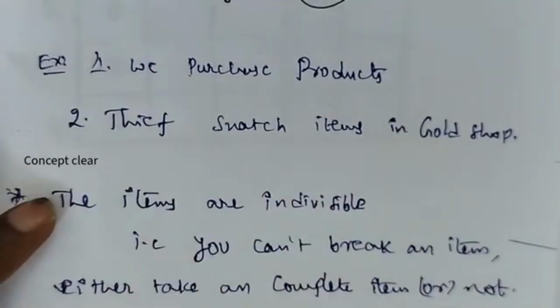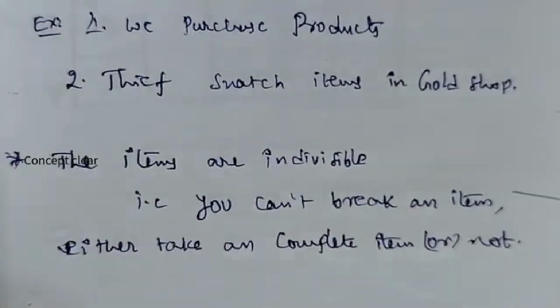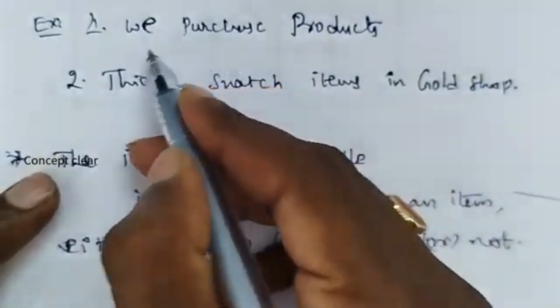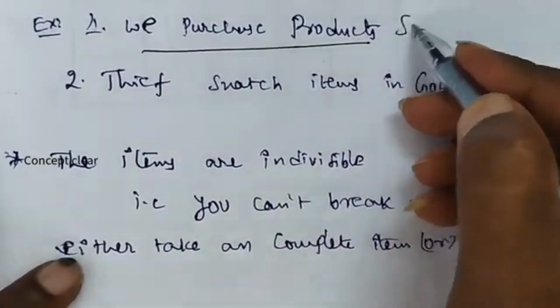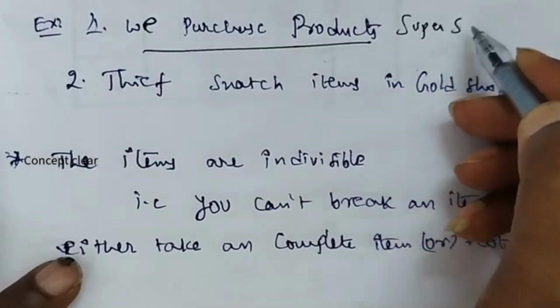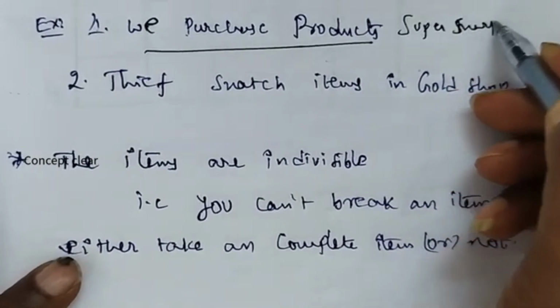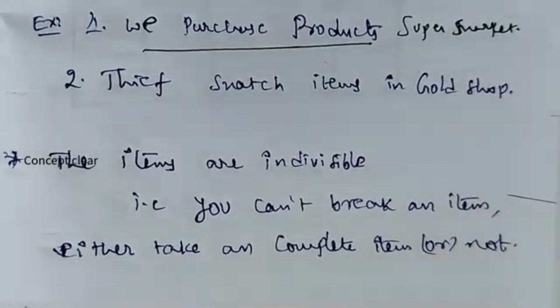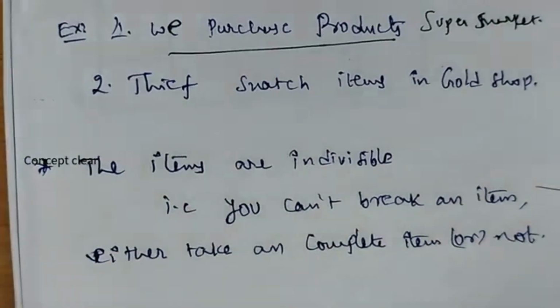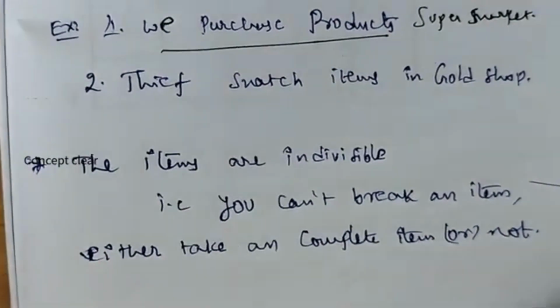For example, I will explain the knapsack problem. Suppose we are purchasing products in a supermarket. Assume your capacity is 30 kgs. You have to purchase all your household requirements.